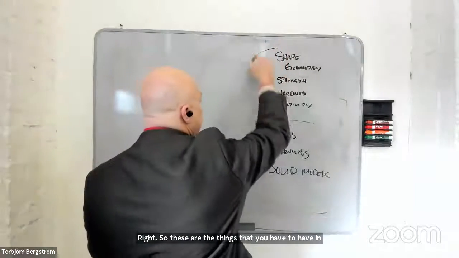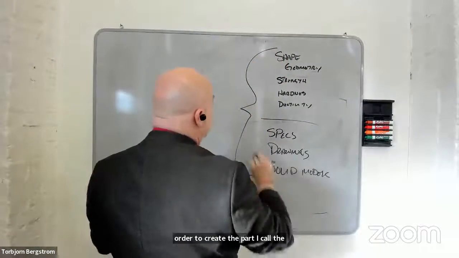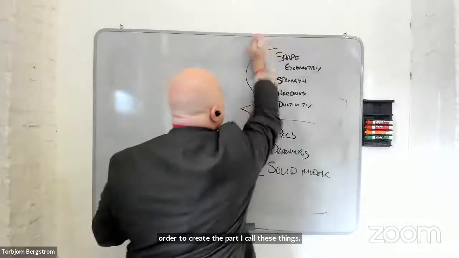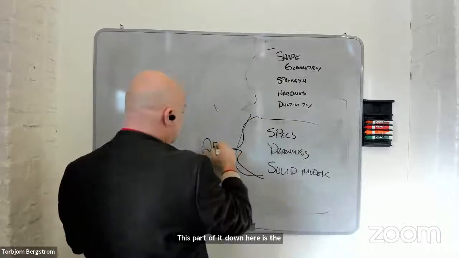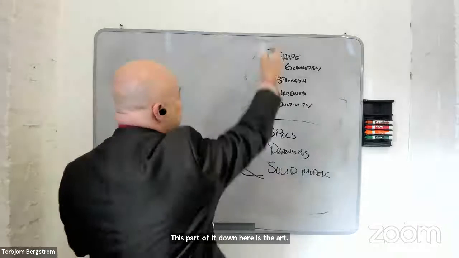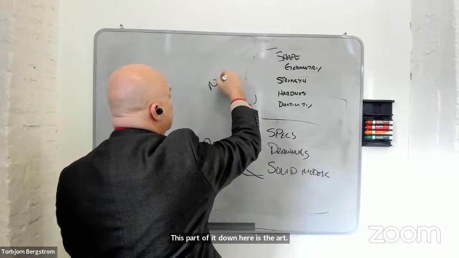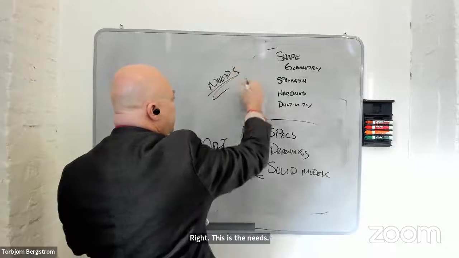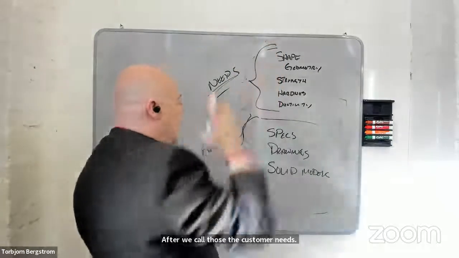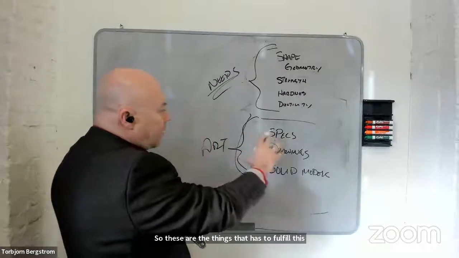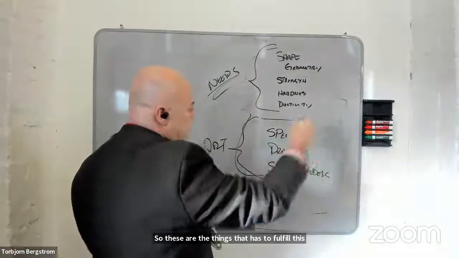I call these things the art, or I guess this part of it down here is the art, right? This is the needs. Often we call those the customer needs. So these are the things it has to fulfill. This is the art that defines those things.